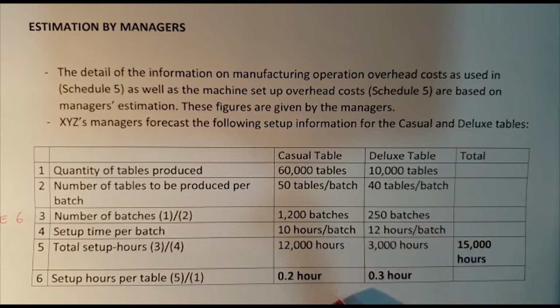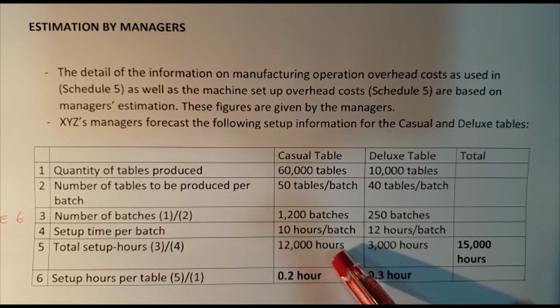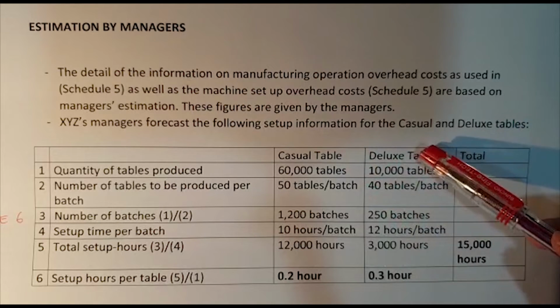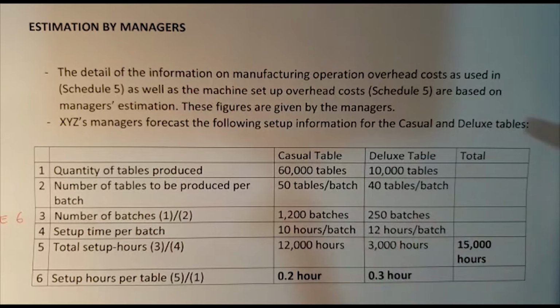If we want to get the setup hours per table, we divide this information by the quantity, 60,000 and 10,000, and we get 0.2 hour for casual and 0.3 hour for deluxe. We are going to use this information, the 15,000, 0.3 hours, 0.2 hours, in our budget.